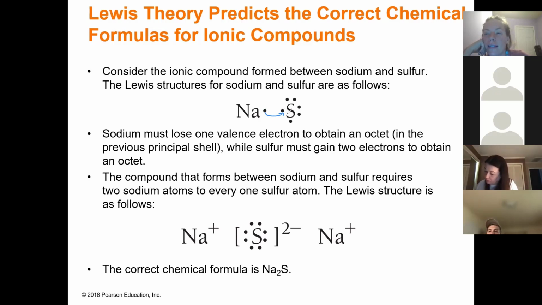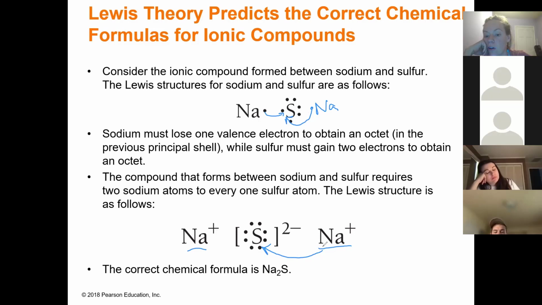The sulfur, though, isn't completely satisfied. He has now 1, 2, 3, 4, 5, 6, 7 electrons. 7 electrons, so close. So what ends up happening is another sodium will come around and give an electron. So we actually end up having 2 sodiums transferring the electrons over for every 1 sulfur.